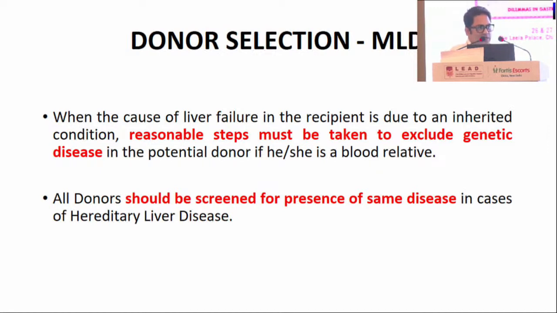We know that genetic diseases travel in families, especially in countries where there is consanguinity. Parents might be affected, siblings might be affected, and these are the ones who are allowed by law to donate. So in every case of donation, we should suspect that the donor has some form of genetic metabolic disease and try to rule it out before we embark on the donation process. This is very important.